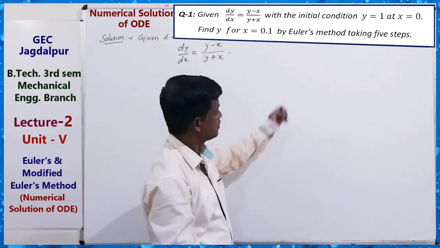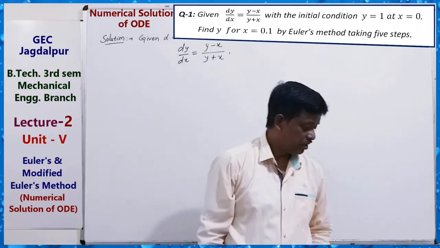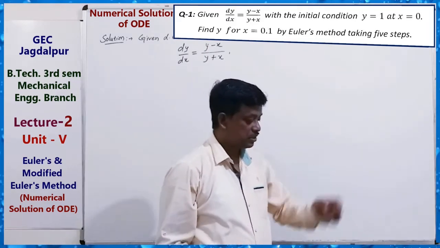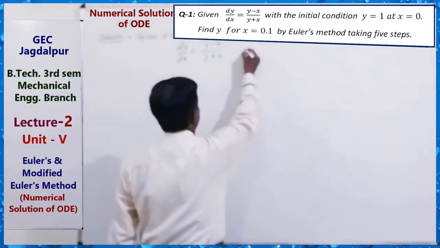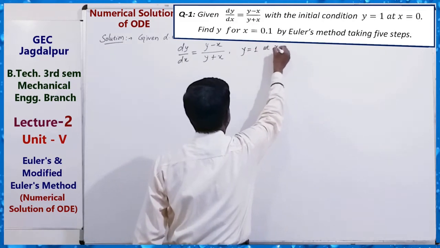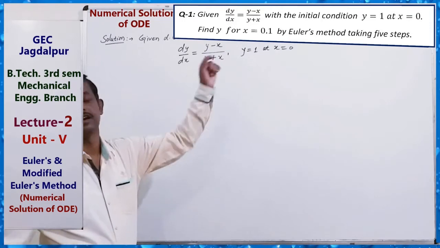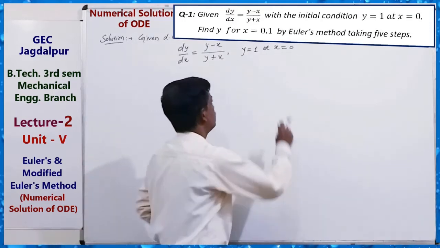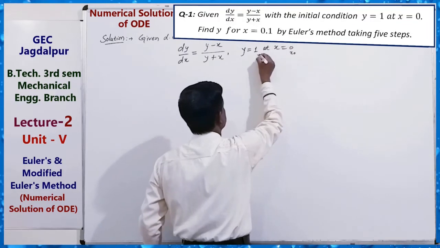And what else is given? Given this with the initial condition y equals 1 at x equals 0. This is our initial condition, that is y equals 1, x equals x0. This is x0 and this is y0.